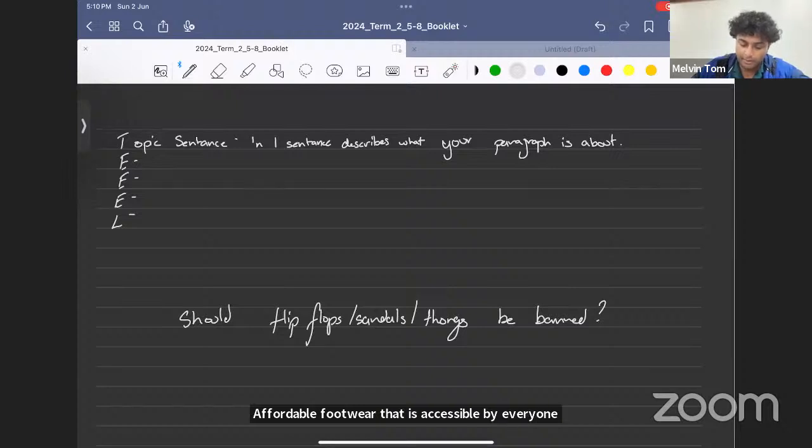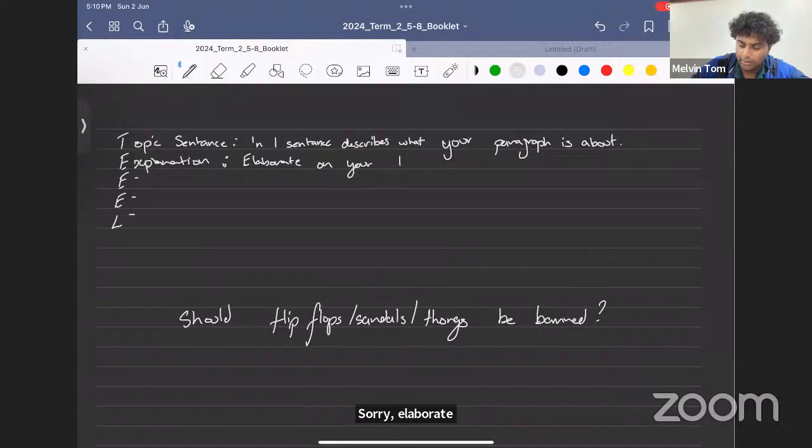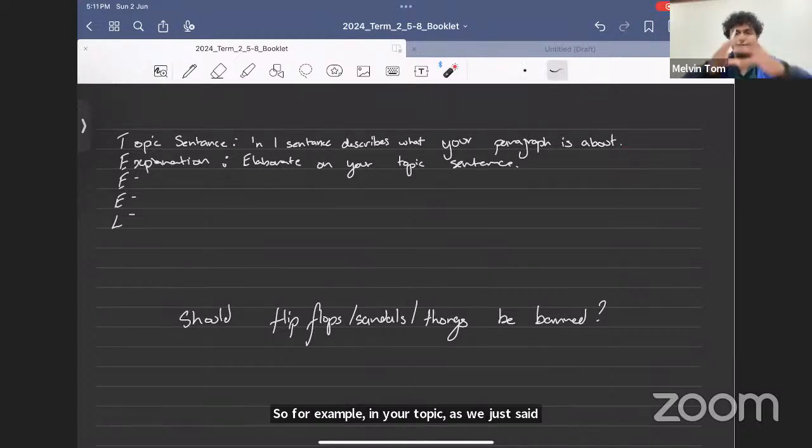After your topic sentence, you have your explanation. So here, I want you to elaborate on your topic sentence. So for example, in your topic sentence, we just said something. Now we have to expand on it.